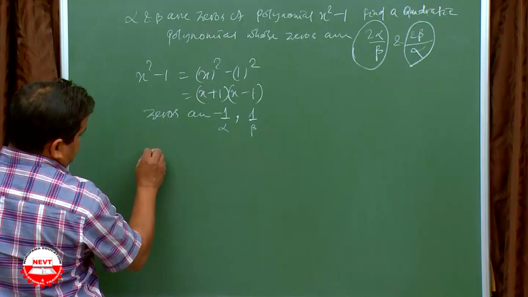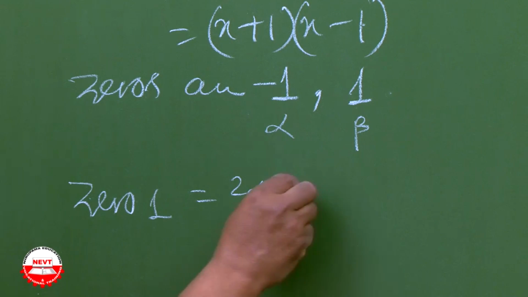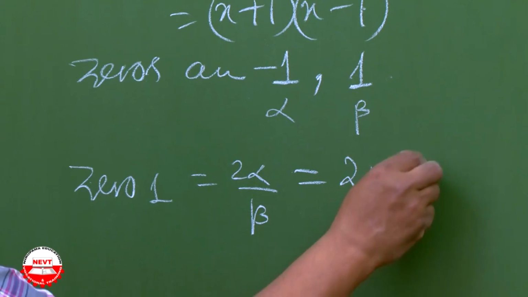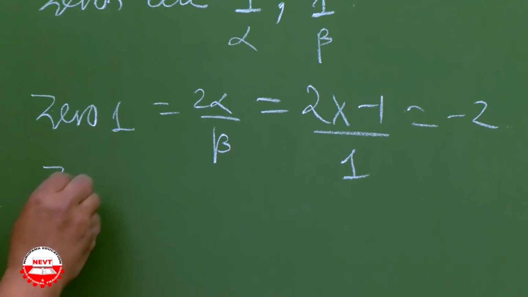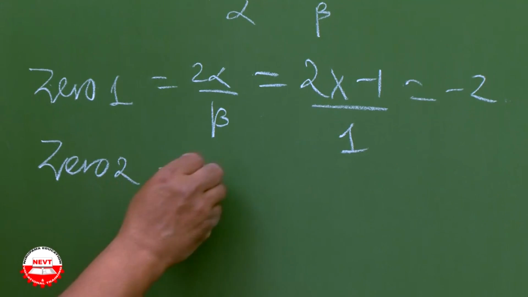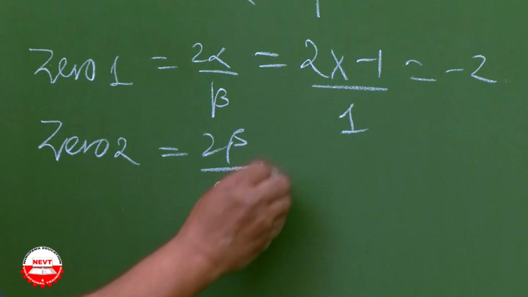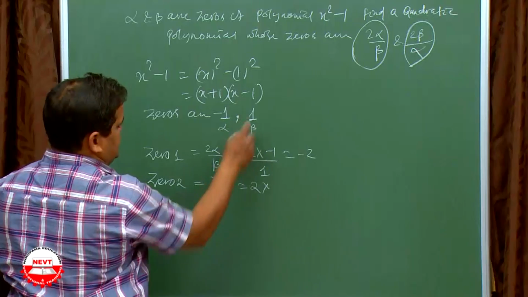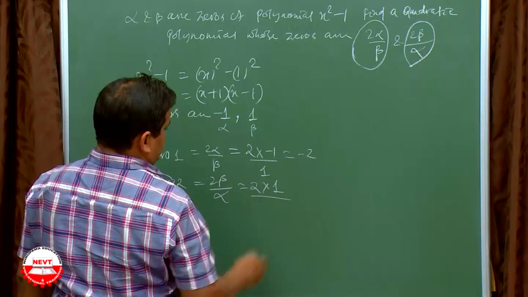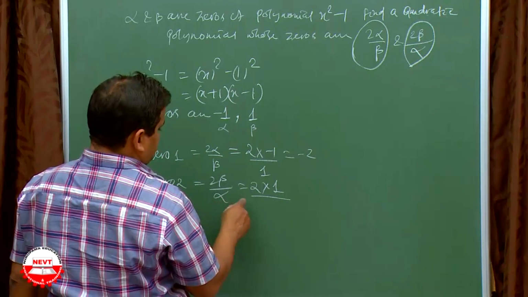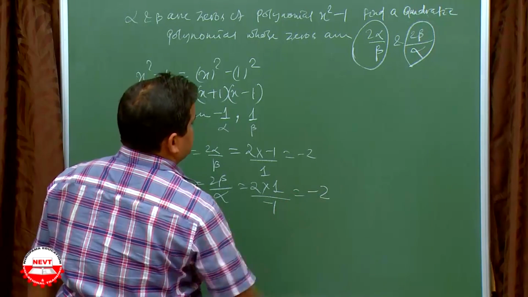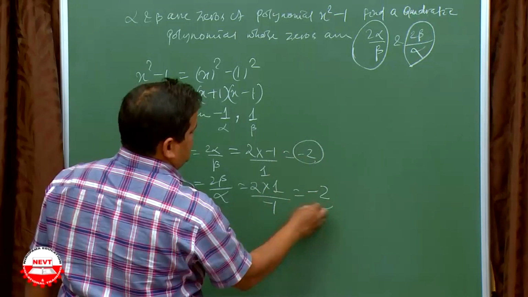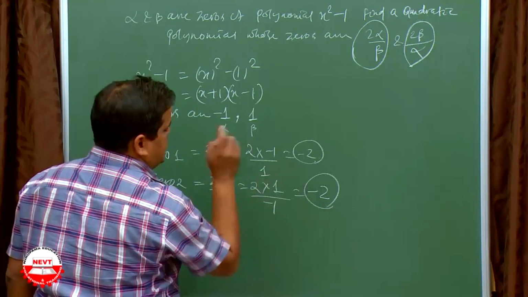One zero is 2 alpha by beta, means 2 into minus 1 by 1, is equal to minus 2. Zero number 2 is equal to 2 beta by alpha, means 2 into 1 by alpha, which is minus 1, is equal to minus 2. It means another polynomial whose zeros are minus 2 and minus 2.